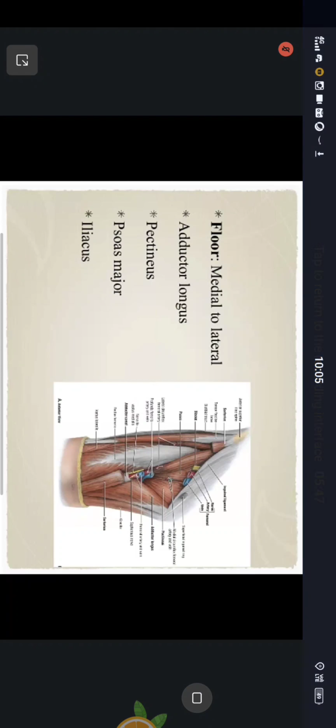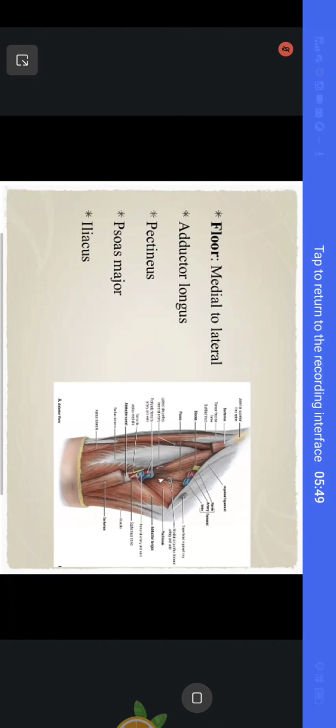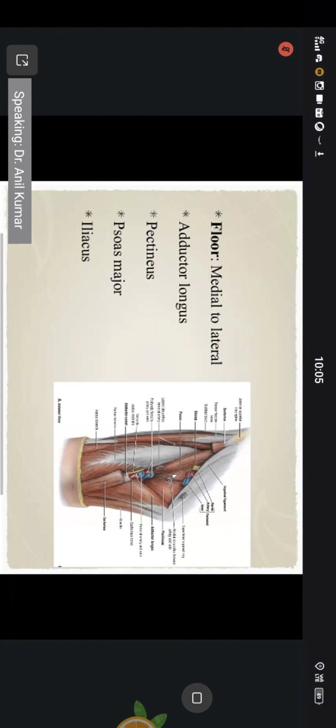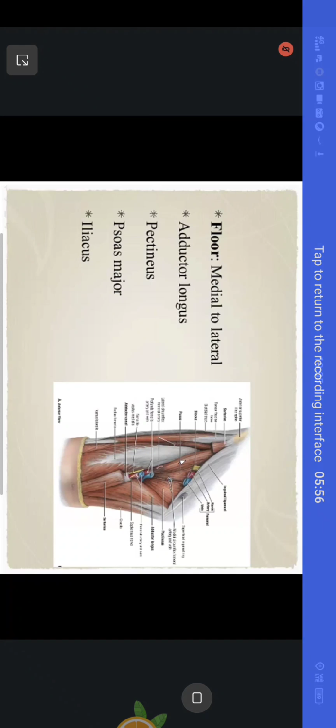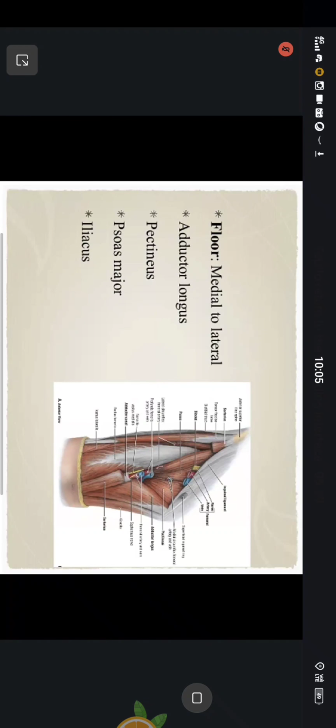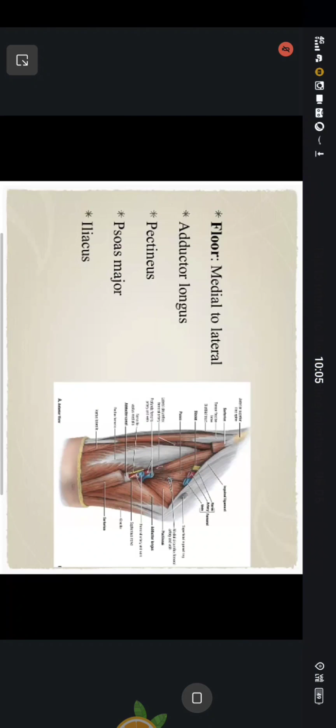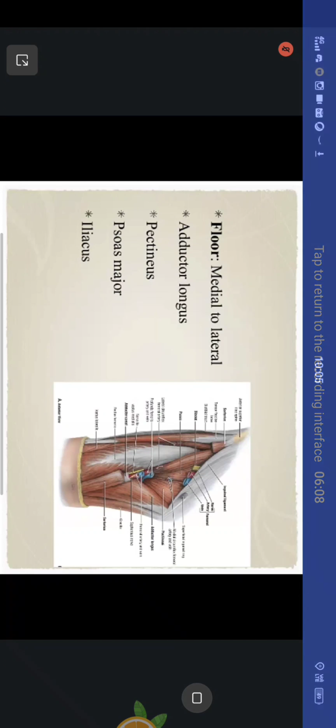Along with the adductor longus, next muscle is the pectineus, here where I am focusing the cursor. After that is psoas major and iliacus. So the floor is mainly formed by four muscles, medially two and laterally two. The medial two are adductor longus itself and pectineus, whereas the lateral two are psoas major and iliacus.